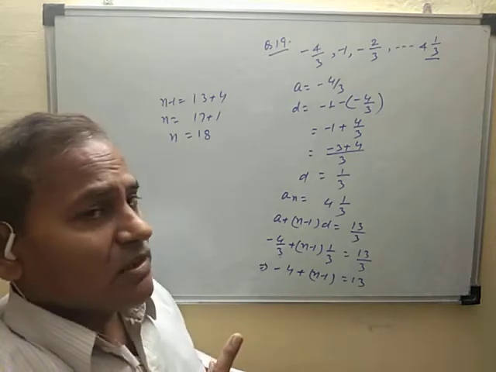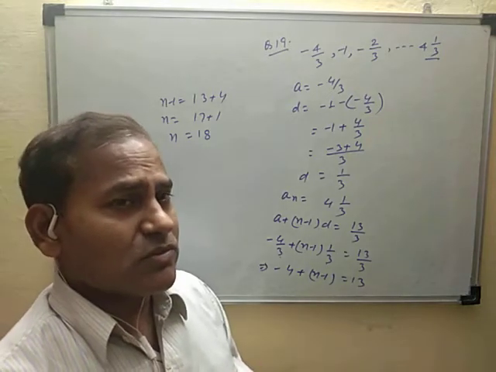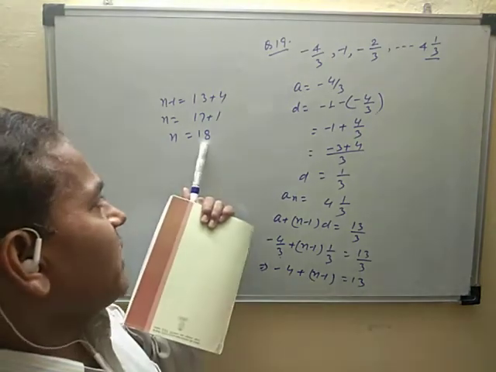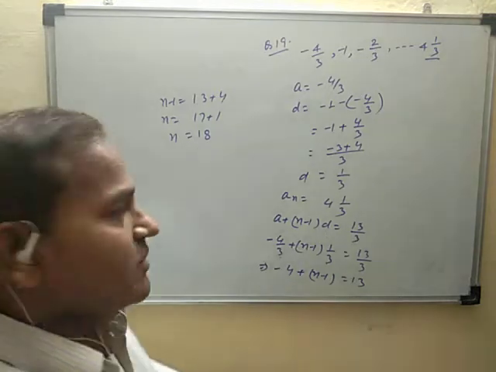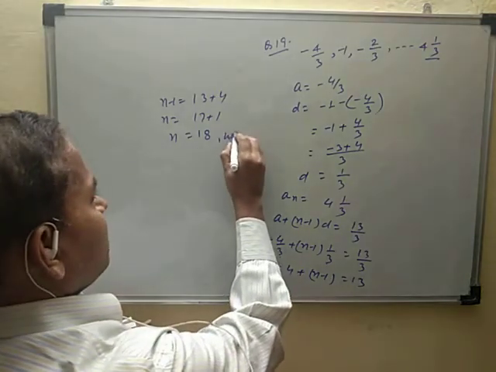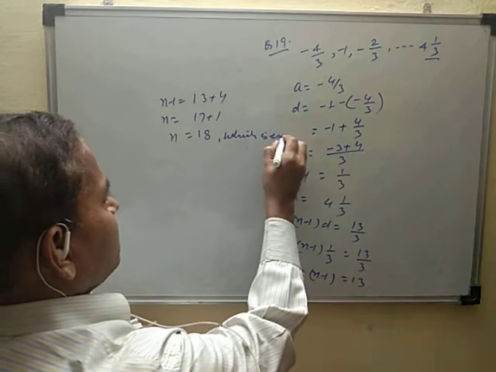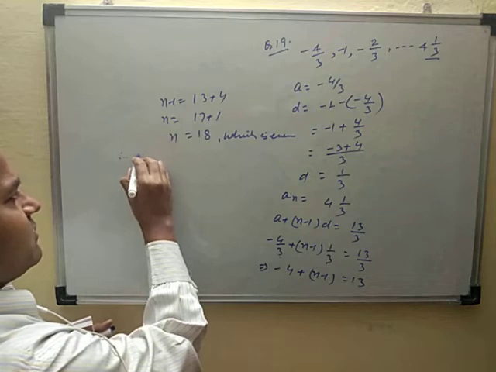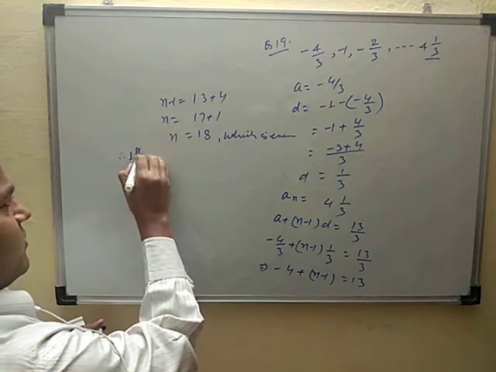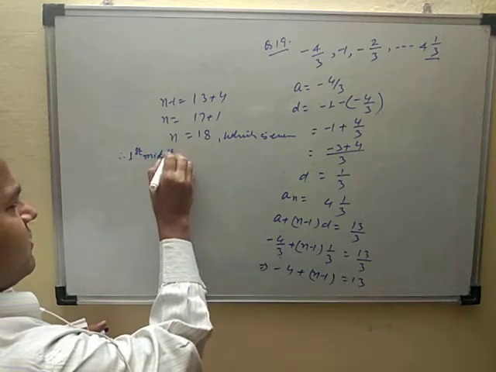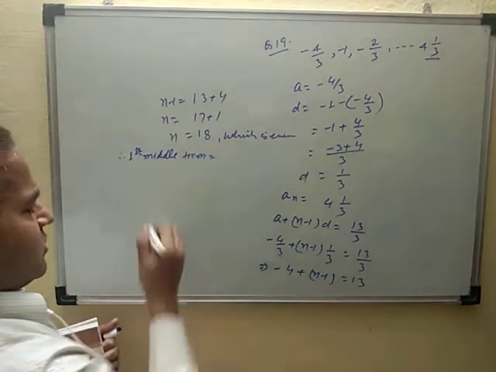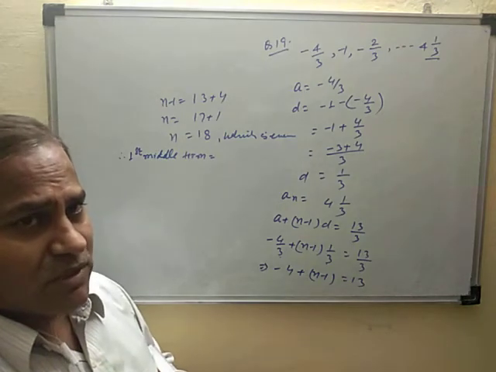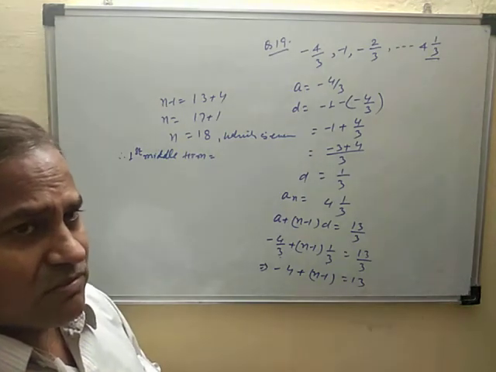So how many middle terms? 1 or 2? There are 2 middle terms because n is an even number. Therefore, what is the formula of the middle term? If the number of terms is even, do you remember the formula?